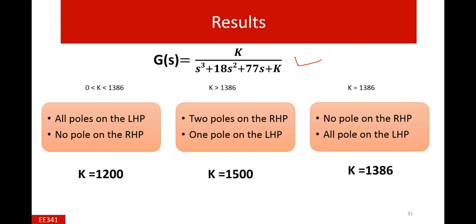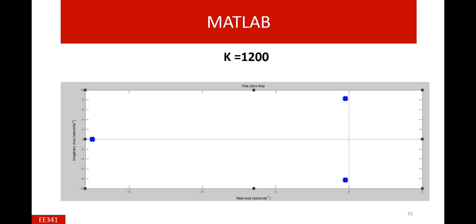It can be seen easily through the simulation. I will assume k for the first case equal to 1200, for the second case 1500, and for the third case 1386. So what will happen if k is less than 1386?